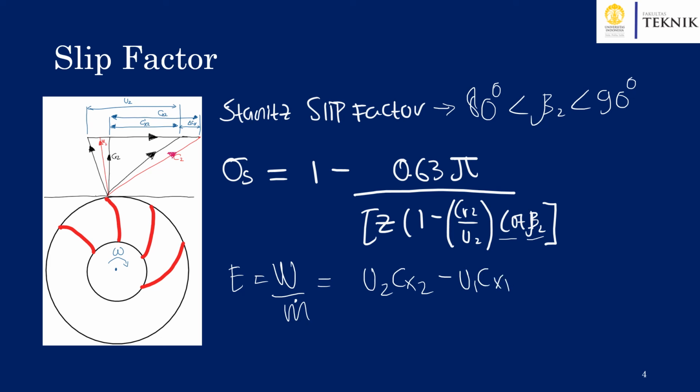Due to the slip, we have to add the slip factor in front of the first part of the equation, so we add the slip factor in front of U2 multiplied by Cx2. By doing so, we are accounting for the effect of slip between the fluid and the impeller. So before using the slip factor equation, be careful to look at the blade angle at the outlet, to decide whether the Stanitz, Gooseman, or Stodola slip factor can be used.